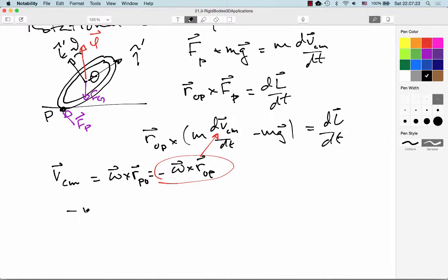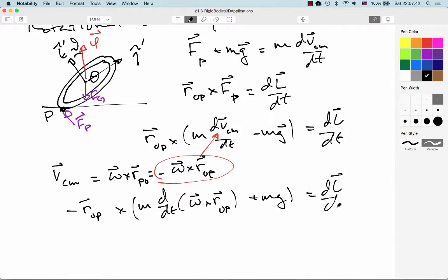So now we'll have minus r_OP crossed into m d dt of omega cross r_OP plus mg, because of blowing out the minus sign, equals dL dt.